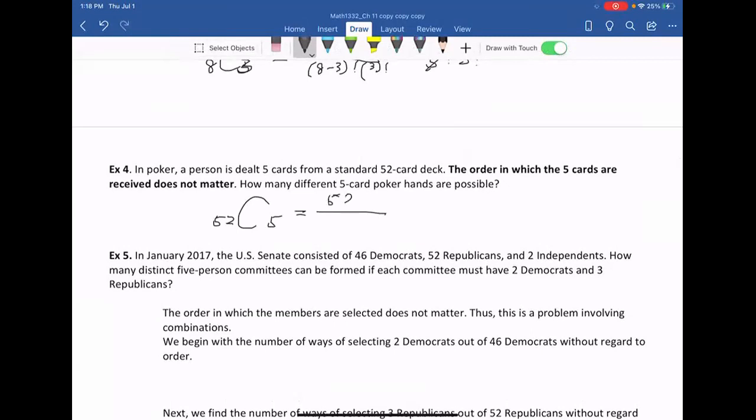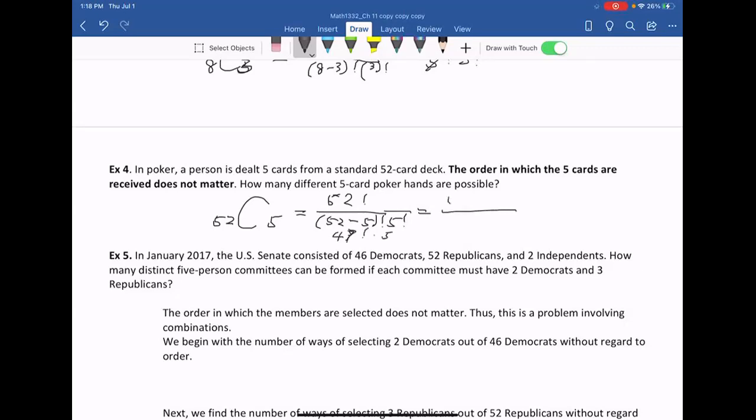52 factorial over (52 minus 5) factorial and 5 factorial. And 52 minus 5 equals 47 factorial times 5 factorial.